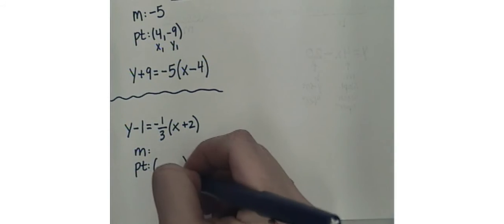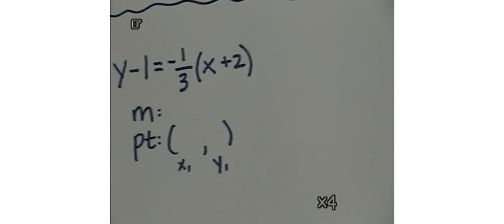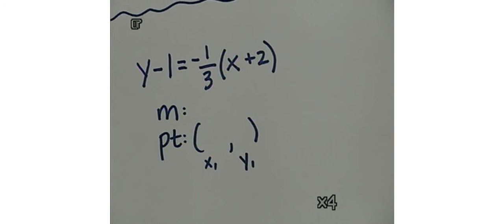Pull out your information, determine your point and your slope from this point-slope form. My slope is this negative 1/3.